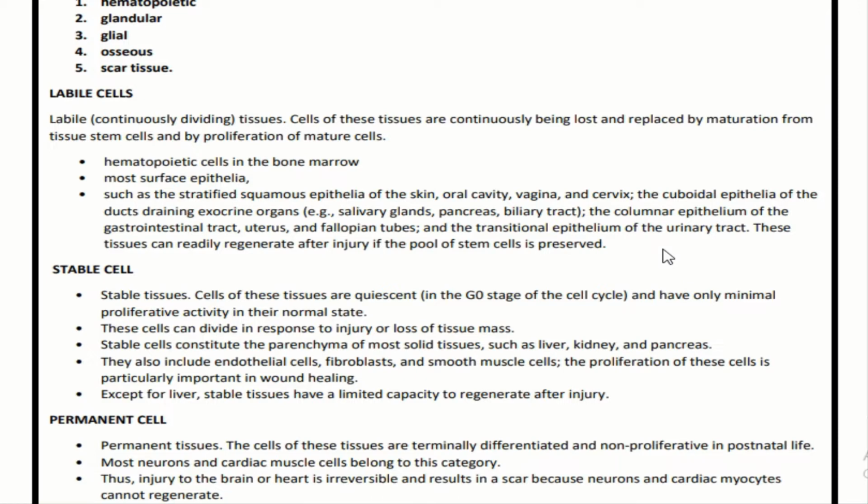Most surface epithelia, such as the stratified squamous epithelia of the skin, oral cavity, vagina, and cervix, the cuboidal epithelia of ducts draining exocrine organs, columnar epithelium of the GIT, uterus, fallopian tubes, and the transitional epithelium of the urinary tract. These tissues can readily regenerate after injury if the pool of stem cells is preserved.